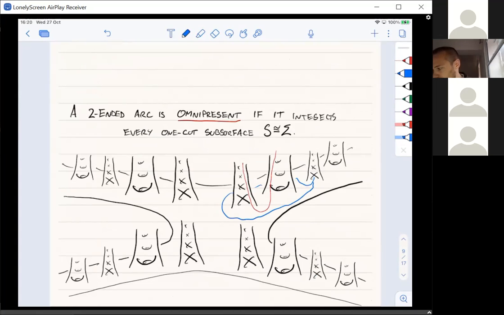So that is not omnipresent. You could come out from here and go up like that, and again, I can just draw an arc here that follows the red one, cuts off this monster, and follows the red one back. And I remove this. So the complement of this blue subsurface is homeomorphic to the thing I started with.